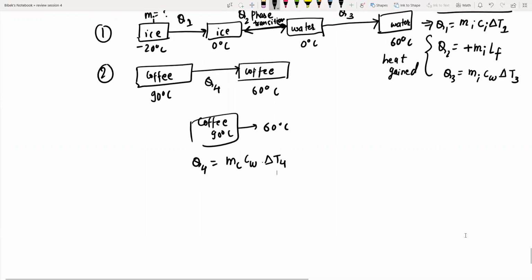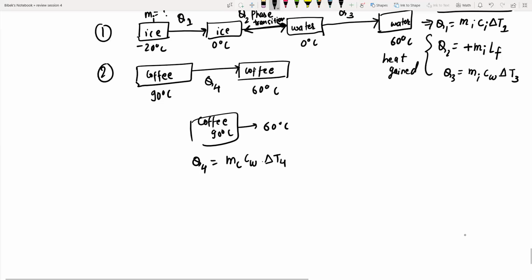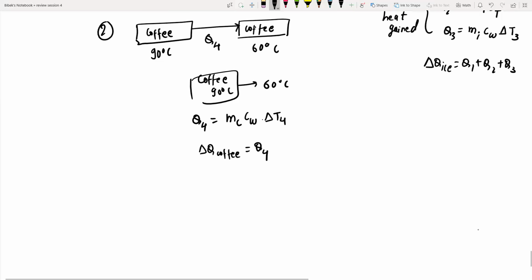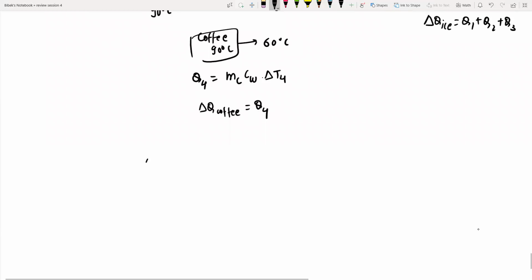Okay. So delta Q ice, your net change in your ice, is Q1 plus Q2 plus Q3, right? And for coffee, delta Q coffee is Q4. And we know that the net heat, delta Q, has to be 0, which implies that your delta Q ice plus your delta Q coffee has to be 0.